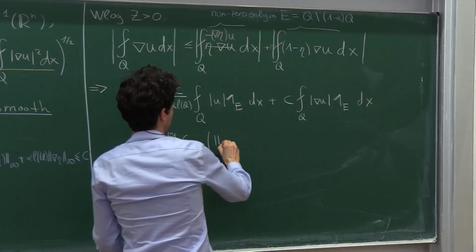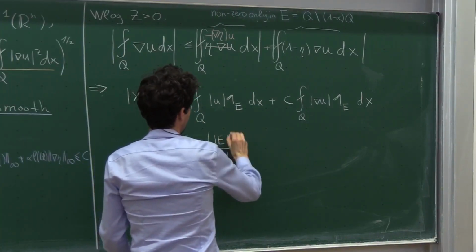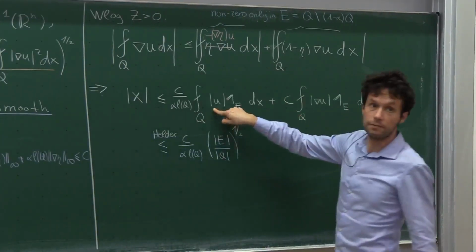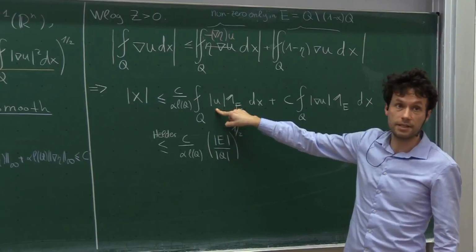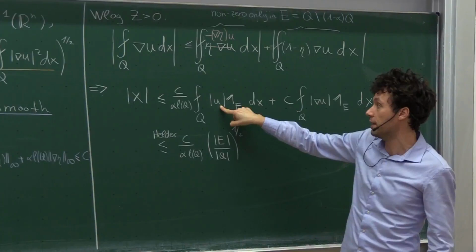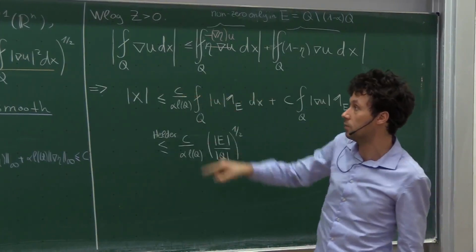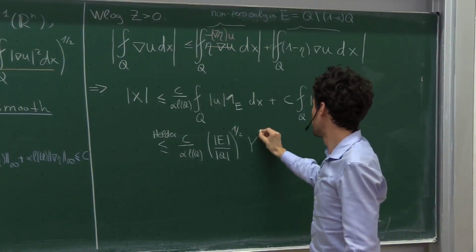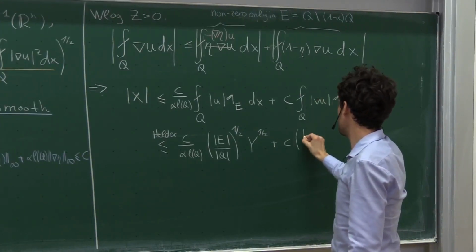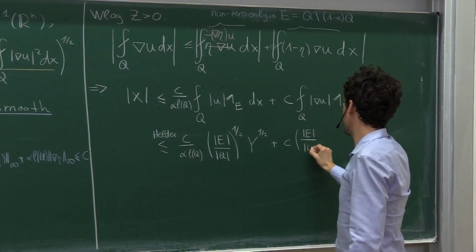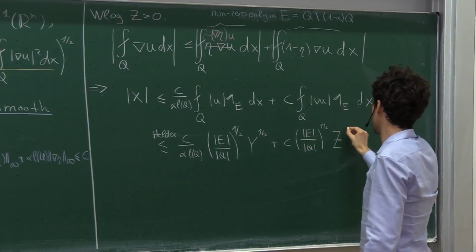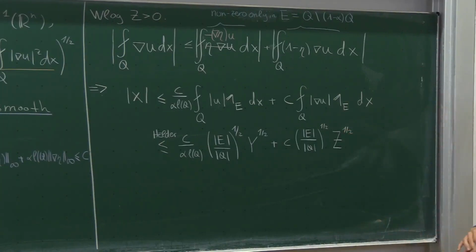So this is going to be the measure of E over the measure of Q to the 1/2, times the average of the absolute value of u squared to the 1/2, so this is going to be Y to the 1/2. And for the other term, you're going to pick up C times the measure of E divided by the measure of Q to the 1/2, and then Z to the 1/2.